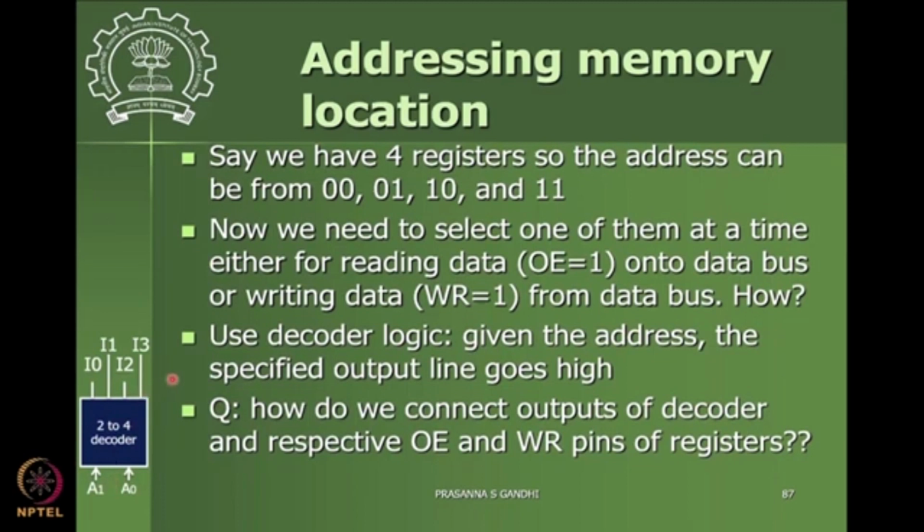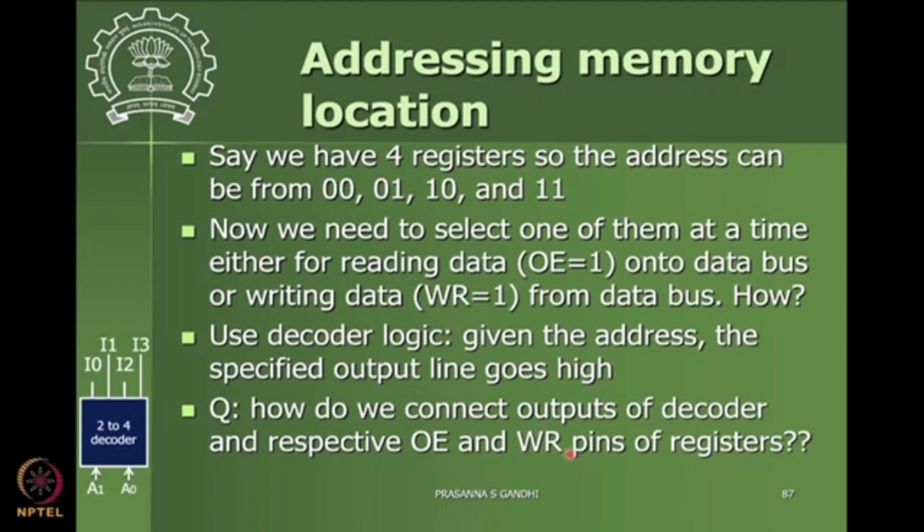But if I have 4 registers of only 2-bit memory, I still need 2 lines for addressing. So the data capacity in one register is independent of the number of registers I am using and the number of address bits required.